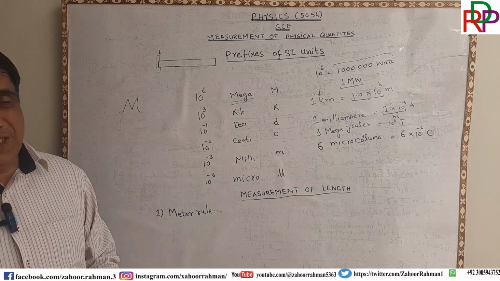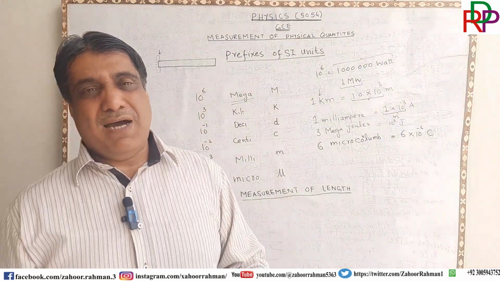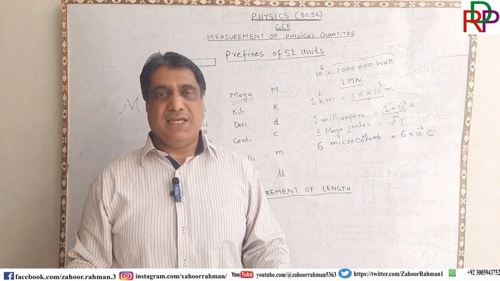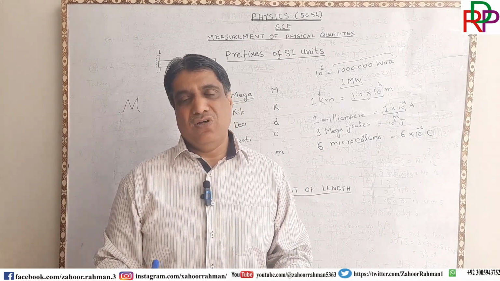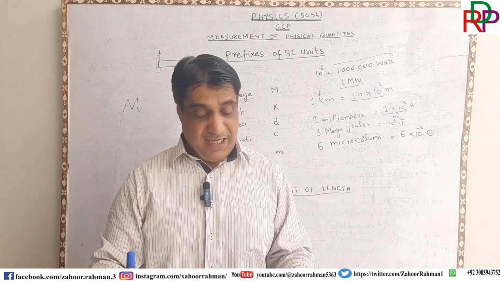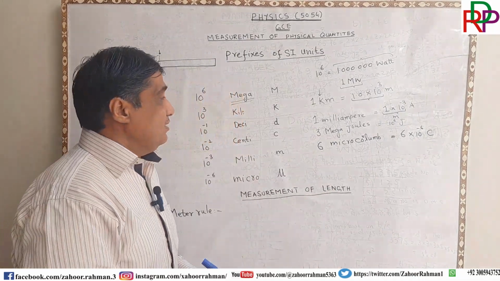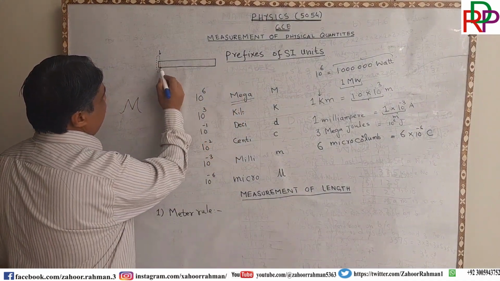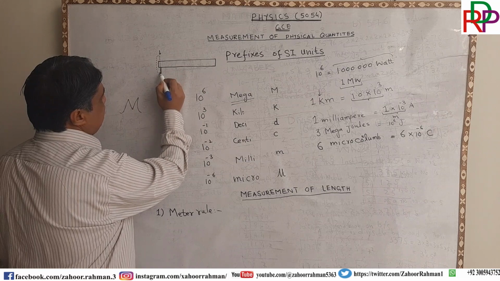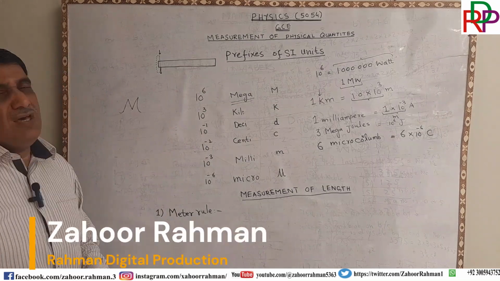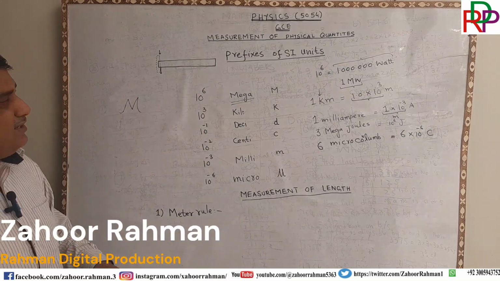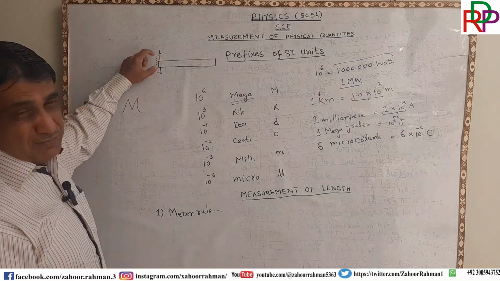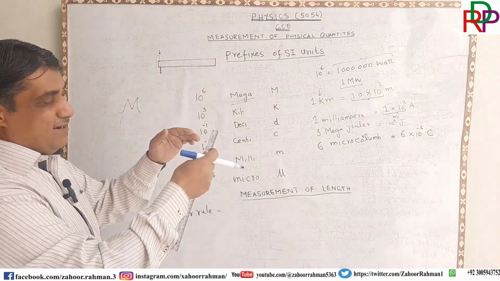So it should be kept in mind that if you want to take a precise value, then you have to remove this measurement and start from here. Why is it like so? Because this area can be worn out by rubbing.